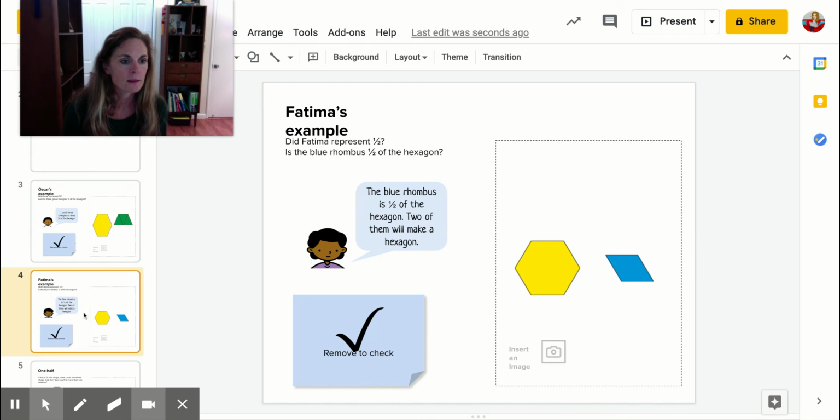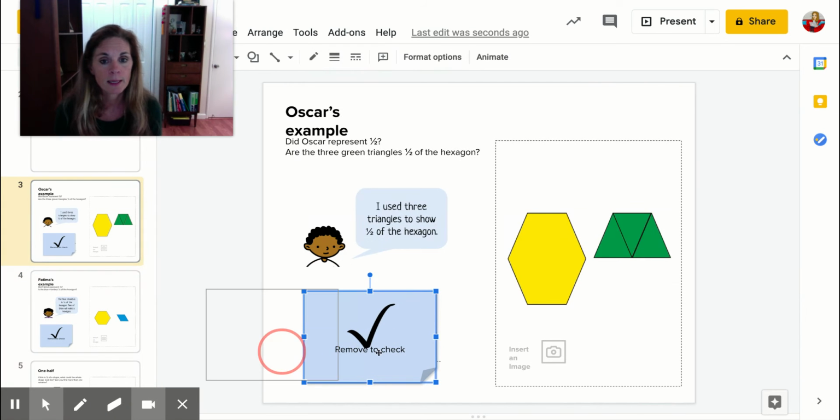Let's look at Fatima's example. Is the blue rhombus half of the hexagon? She says the blue rhombus is half of the hexagon. Two of them will make a hexagon. Well, you can use that app and get two hexagons and put them together. Does it work? Let's watch.